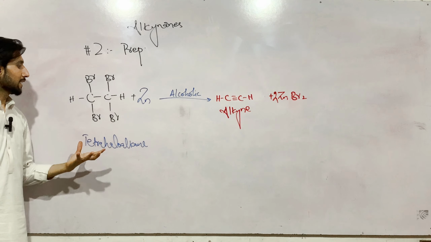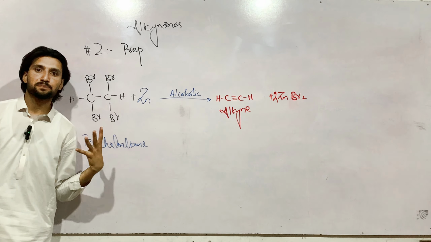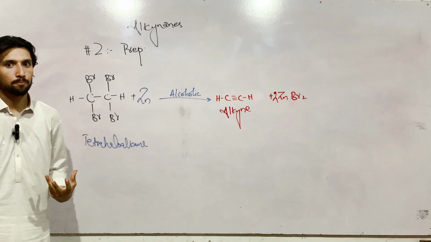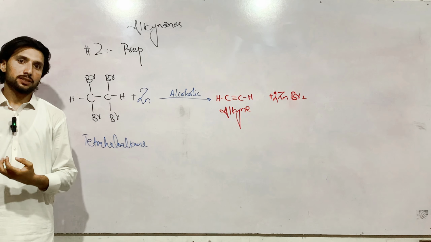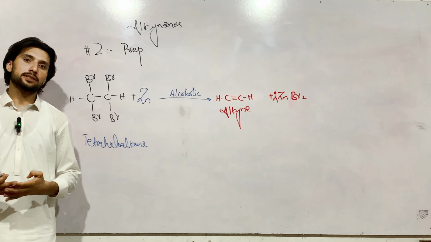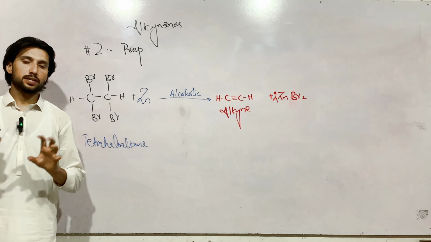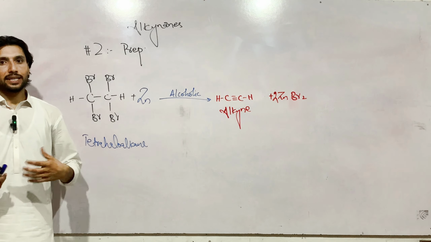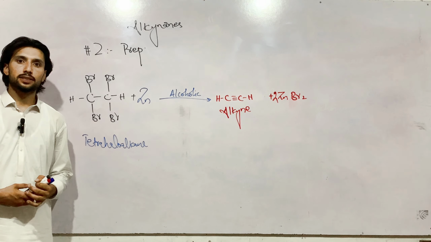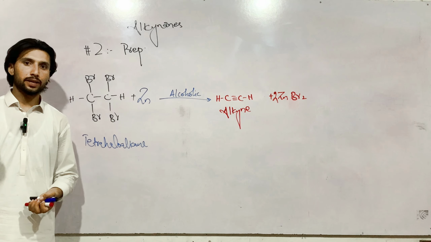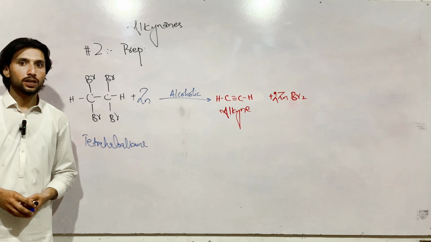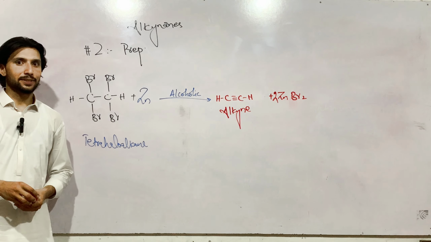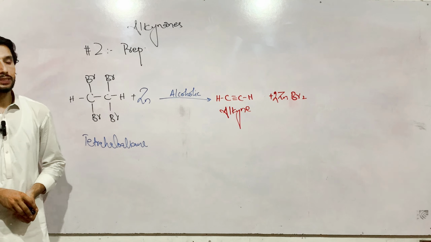The second preparation is the preparation of alkynes from a molecule like 1,1,2,2-tetrabromoethane, a molecule that contains four bromine atoms on consecutive carbon atoms, two on one and two on the other. When we take this in alcoholic medium and sprinkle some zinc dust on it, we will see the conversion of this molecule into an alkyne.